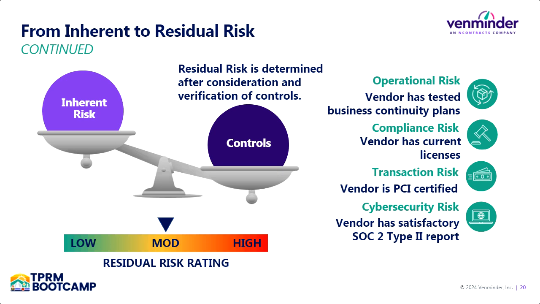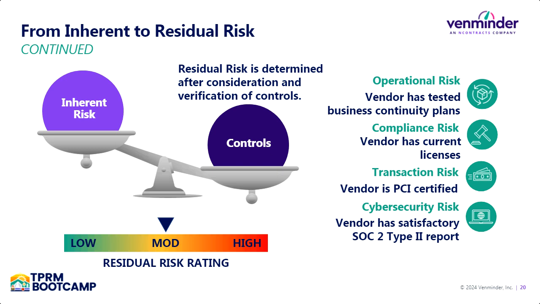But as we go through our due diligence process and we look at all their policies and procedures and all their evidence of these controls, we can determine that the vendor does have really good specific controls in place. For example, that operational risk, that 24/7 service, is supported by a really well-developed and tested business continuity plan.